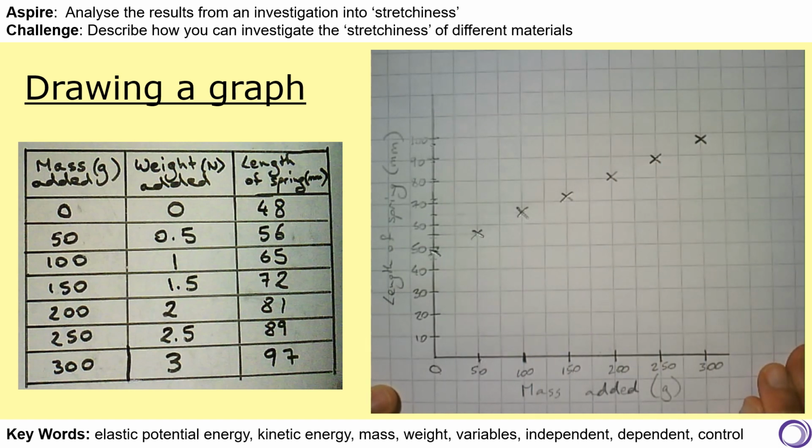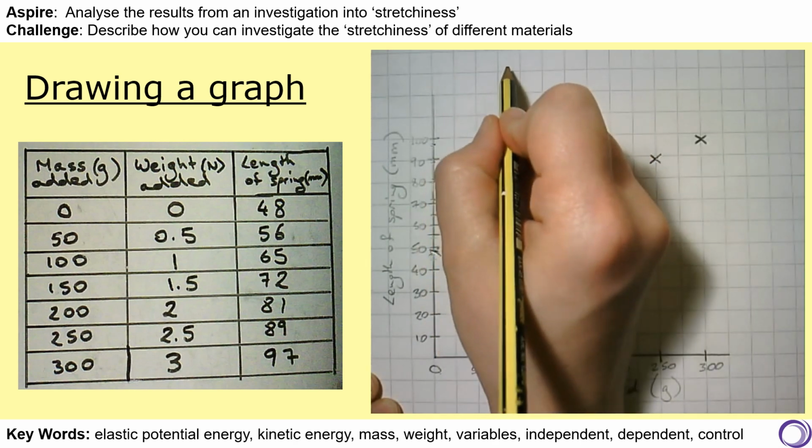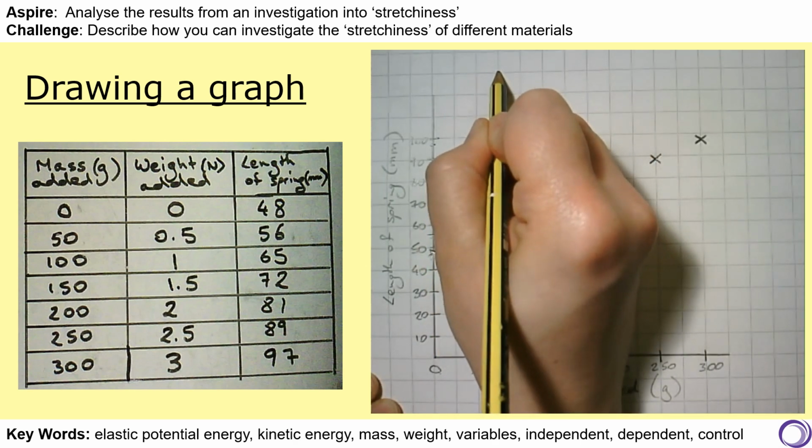Now the last thing that we need to do when we're drawing a graph is draw a line of best fit. Now in science, there are two types of lines of best fit that we can have. We can either have a dead straight line, or we can have a curve. Okay, so I know that in maths you tend to just have straight lines of best fit, don't you?